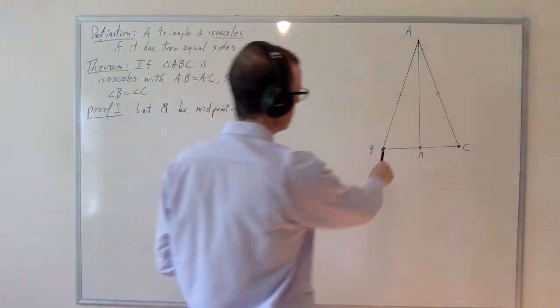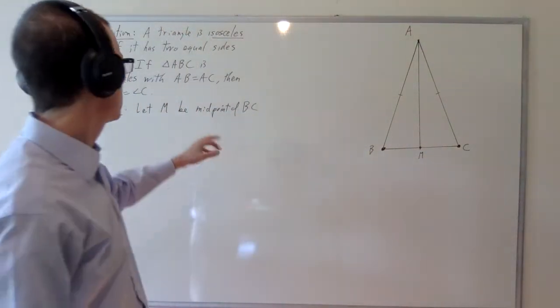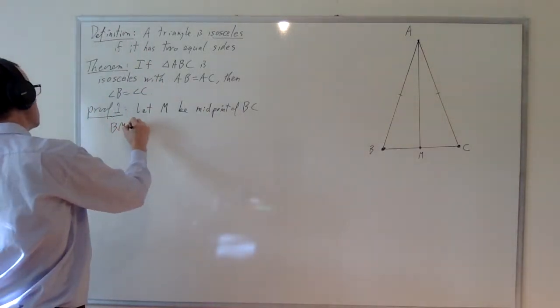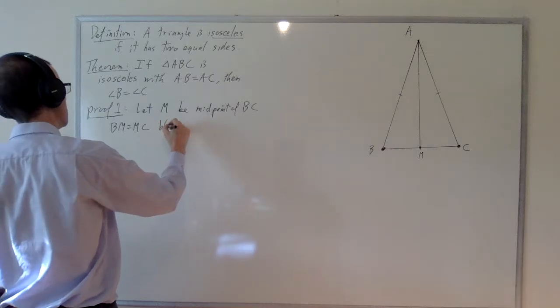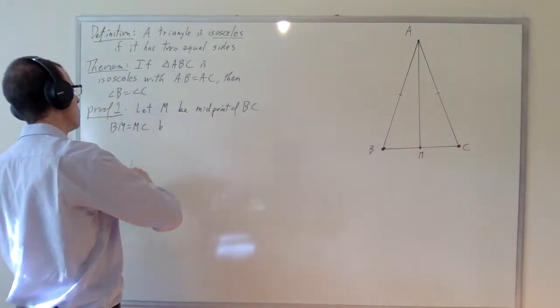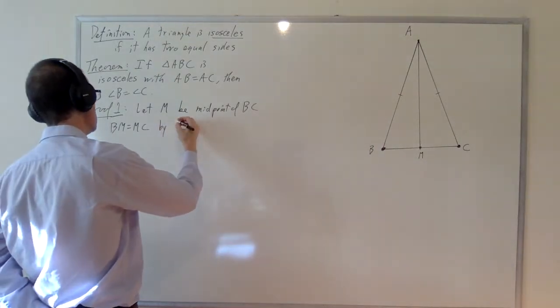So what we know is that BM and MC are equal in length. We know that because M is the midpoint of BC. So BM equals MC by definition of M, because M is chosen to be the midpoint of that segment, so it must divide it into two pieces.